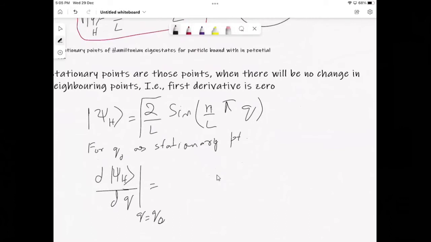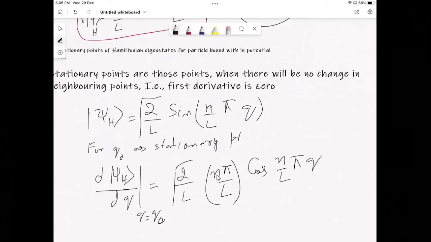When we take the derivative, that will be a 2 over L square root. Derivative of sine is cos, and derivative of the term n pi q over L becomes n pi over L. So cos of n pi over L q, and derivative of q with respect to q will be 1. For q equal to q naught, the first derivative will be 0 for stationary point.